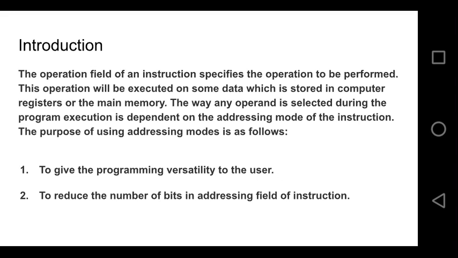So by looking at the instruction, the control unit should identify the location of the operand, whether it is present in a register, or in a memory location, or specified within the instruction itself, or whether the address of the operands is directly specified in the instruction. So there are different cases.